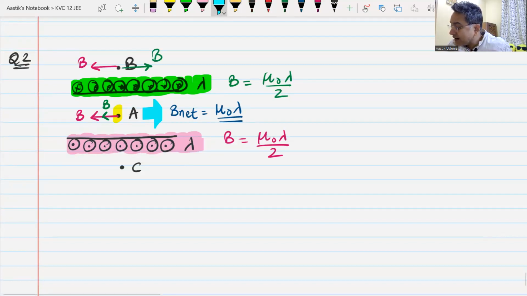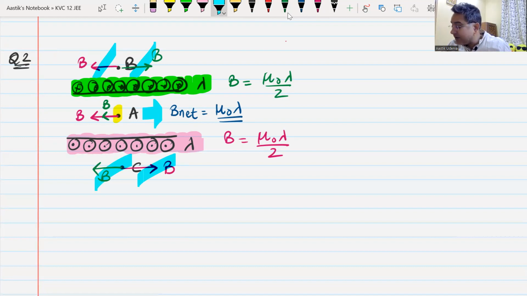Both the fields will cancel each other out and the net field would be 0. In the third case, magnetic field due to the first will go here. The magnetic field due to the second one will go here. They will again cancel each other out.